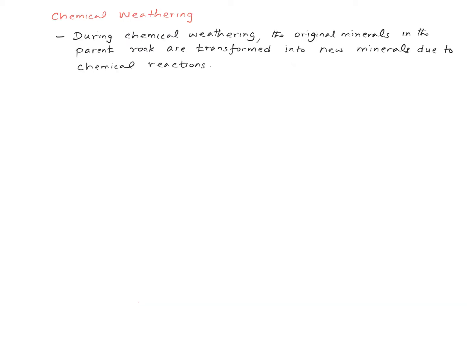In chemical weathering, however, you have chemical reactions taking place, and these chemical reactions alter the original minerals, and therefore the minerals in the resulting soil are not going to be the same as the minerals in the original parent rock. The chemical weathering is one of the ways in which clay minerals have been produced.